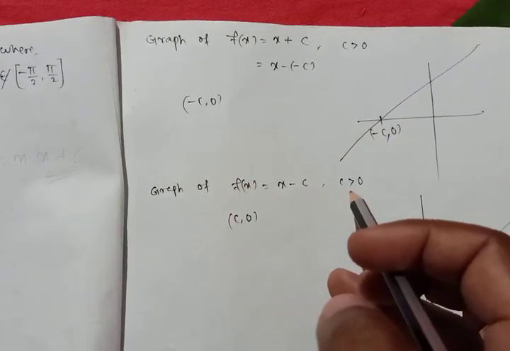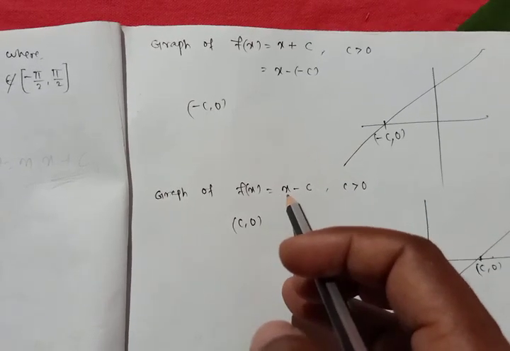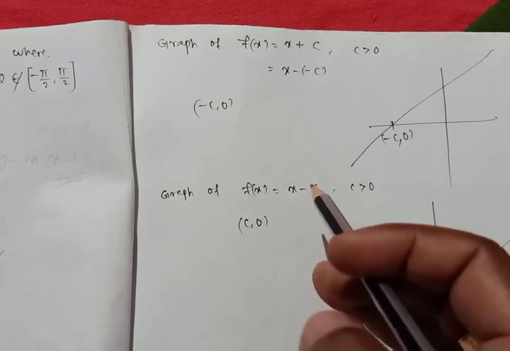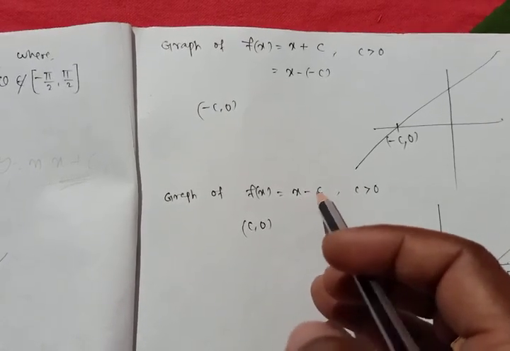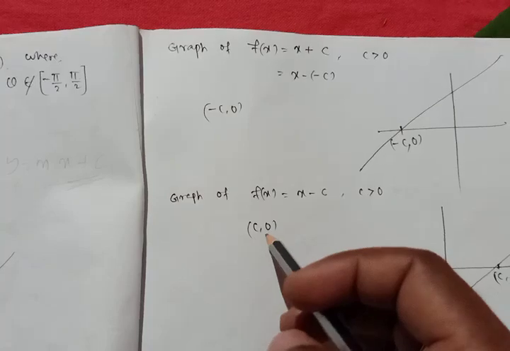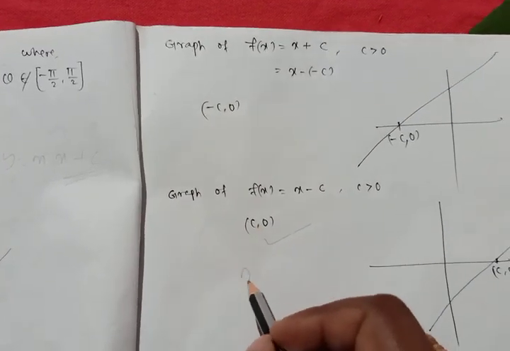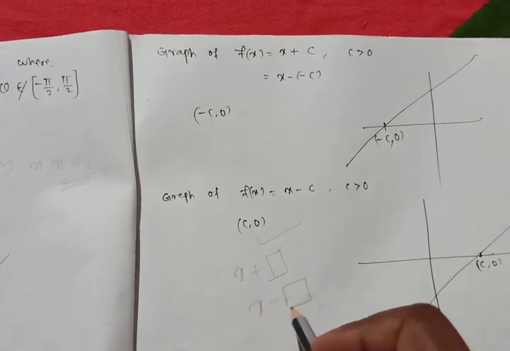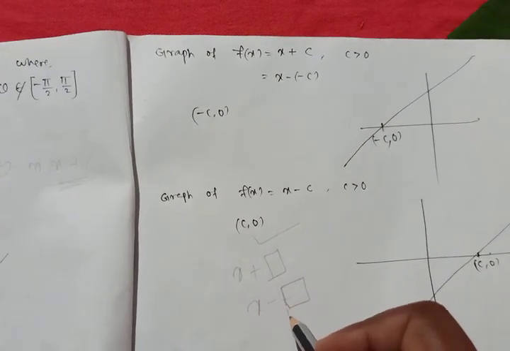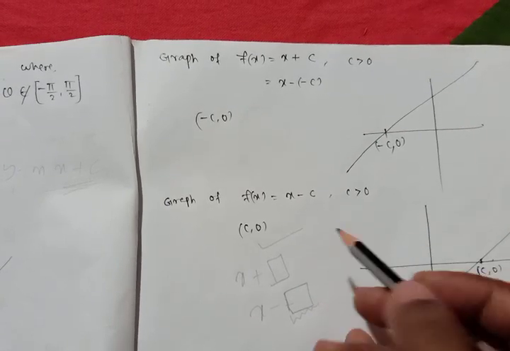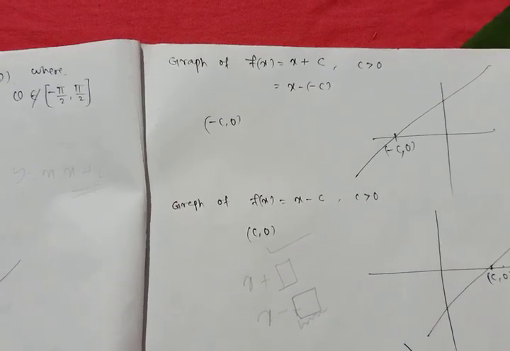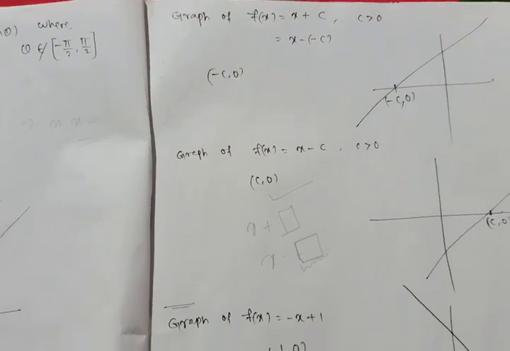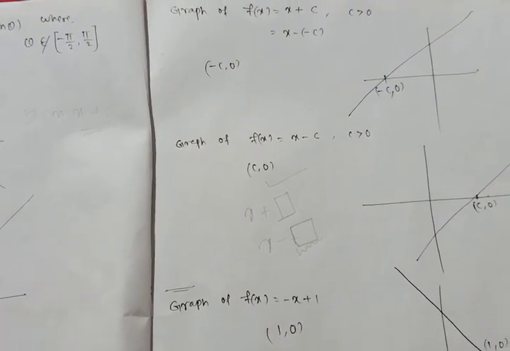Similarly, if c is also a positive term and the given function is x minus c, then writing it as x minus something, in place of something we get c. So remember, if it is x plus something, try to write it as x minus that something. Okay, and the straight line will pass through (something, 0) and makes an angle of 45 degrees with the x-axis.